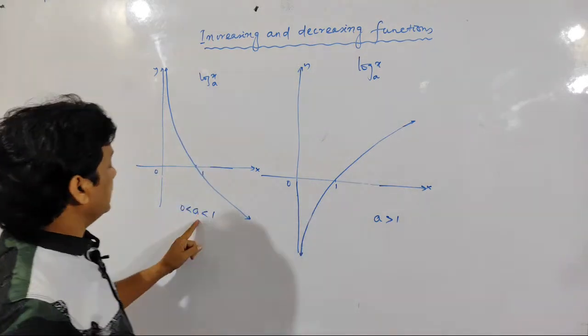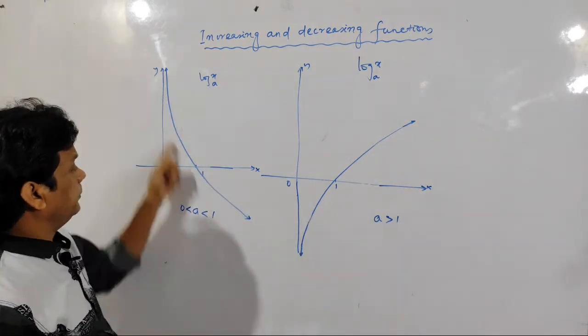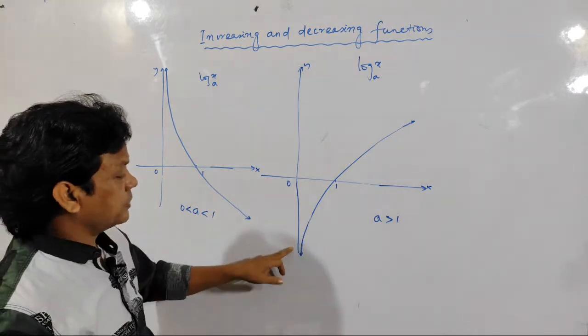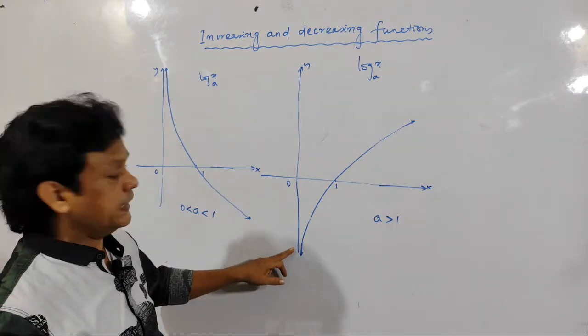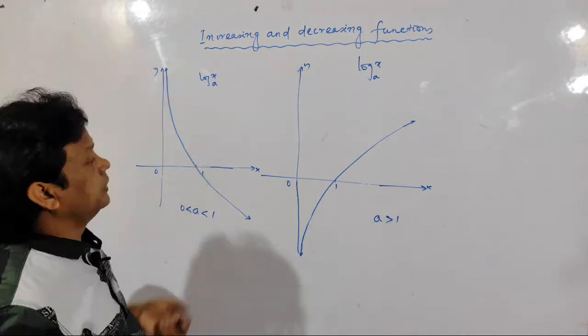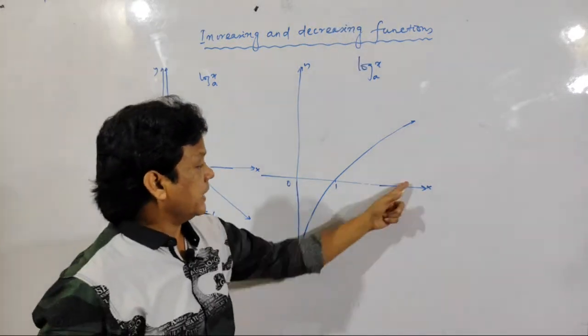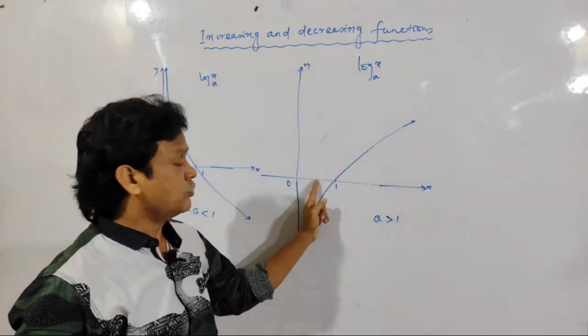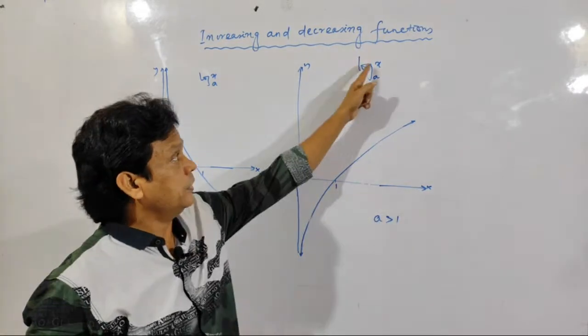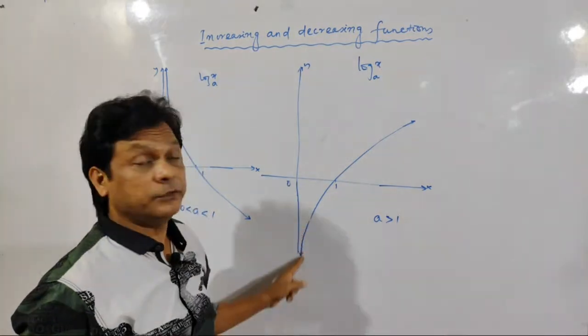And for a less than 1 and greater than 0, the graph will be like this. In both the cases, the graph does not touch the y-axis. Clear? And in this case, as the value of x tends to 0, the value of log x to the base a will be minus infinity.